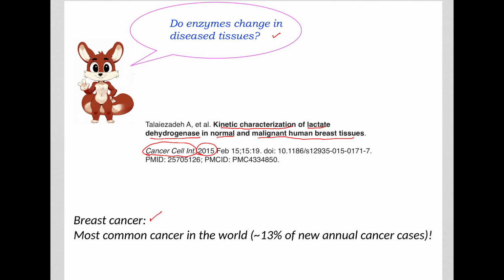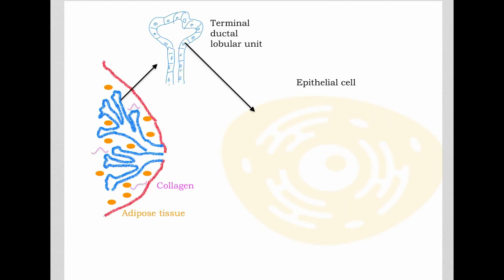As many of you might know, breast cancer is the most common cancer in the world. Approximately 13% of new annual cancer cases is breast cancer. Breast tissue is very rich in adipocytes, these cells that synthesize and store fat.